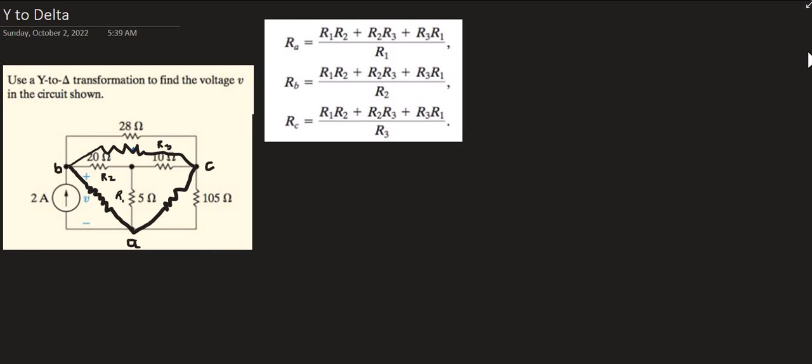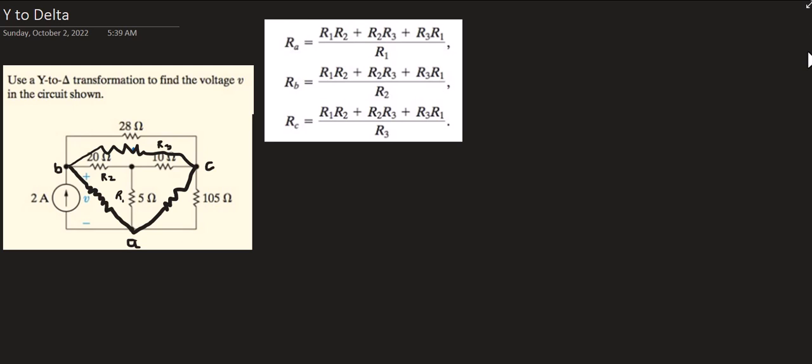This was R3, so that went with C. This was R1, that went with A. This was R2, that went with B, which I think completely does not match my notes, which means I'm going to make some mistakes, and oh well.